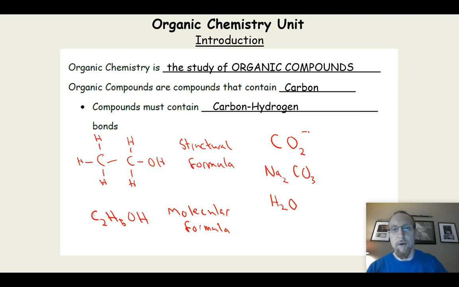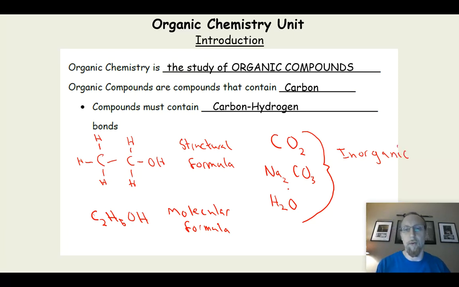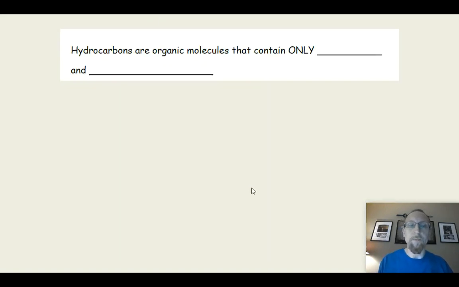So if you're not organic, we call these inorganic. So that's another big category in chemistry, but we're not going to talk about that here. Everything we're going to talk about is dealing with our organic compounds. So we're going to start off really simple, talking about just a certain type of organic compound called hydrocarbons.